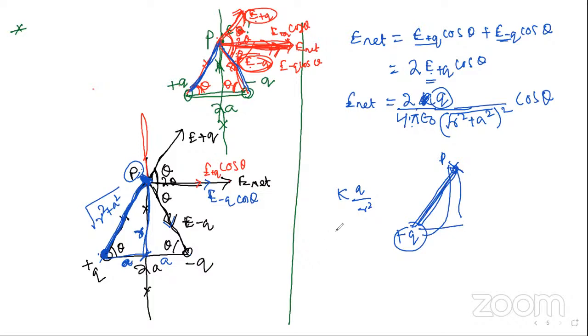Are you getting? Yes, sir. The straight line, the minimum distance, I have to find out. This one is the minimum distance between P and plus Q, right? Yes, sir.